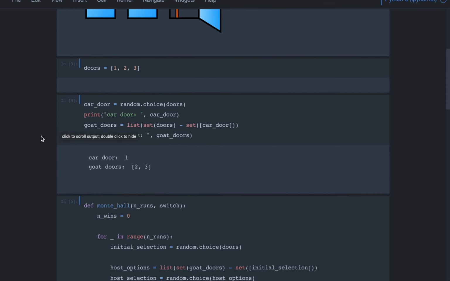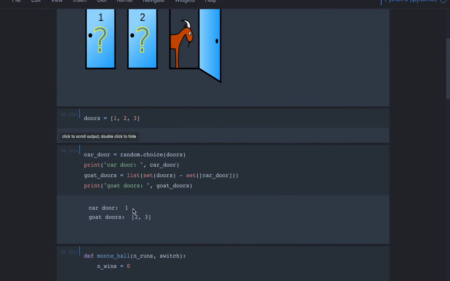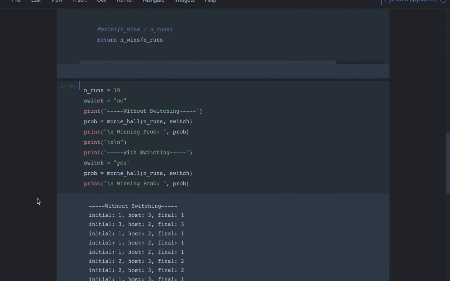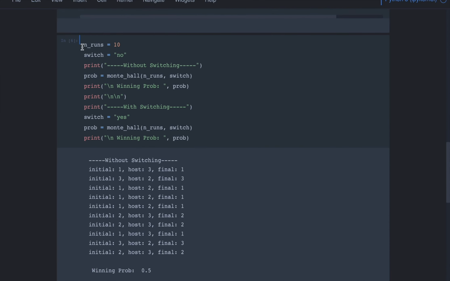First, again, let's assume we have a car behind door number 1. We have 2 goats behind door number 2 and door number 3. Now, here we are doing 10 experiments, and in the first case, let's say you are not switching, right?